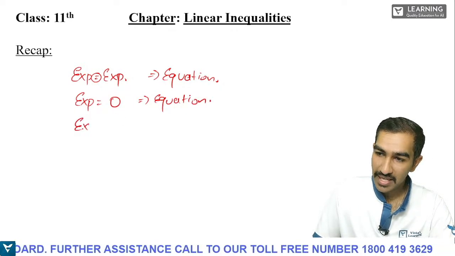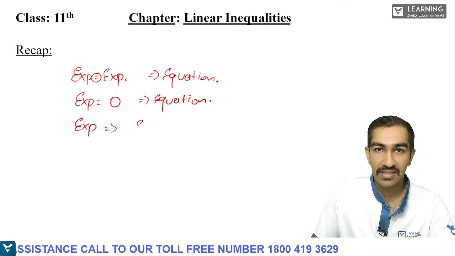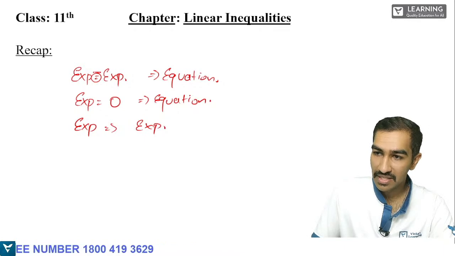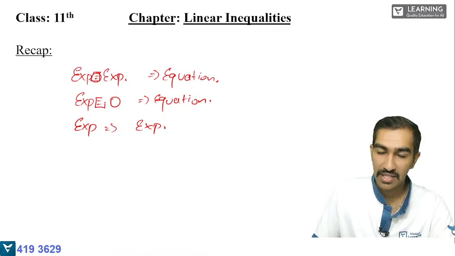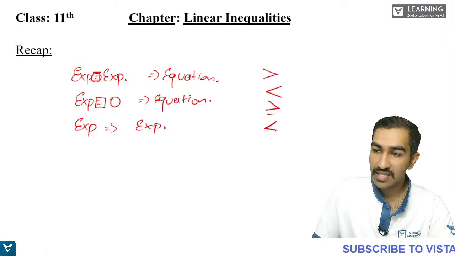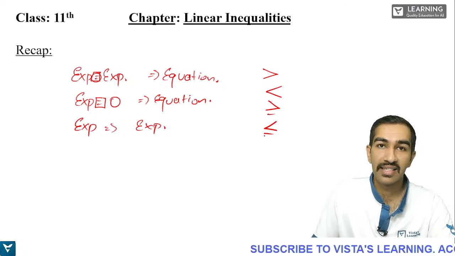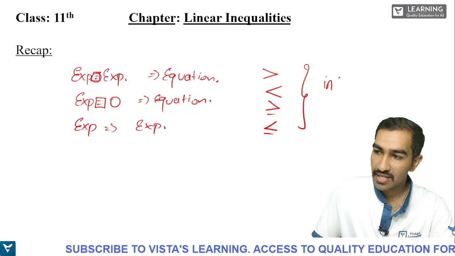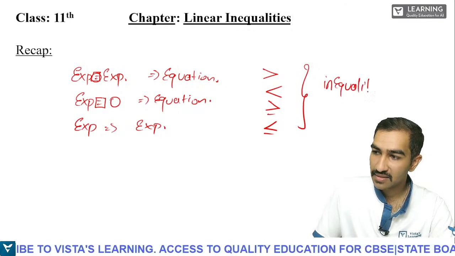If there is only an expression, then it is called an expression itself. If instead of the equal to sign, we get greater than, lesser than, greater than or equal to, or lesser than or equal to, that is called an inequality.